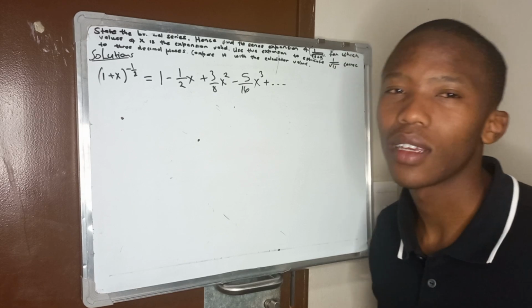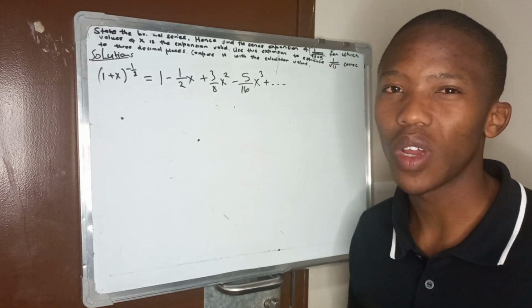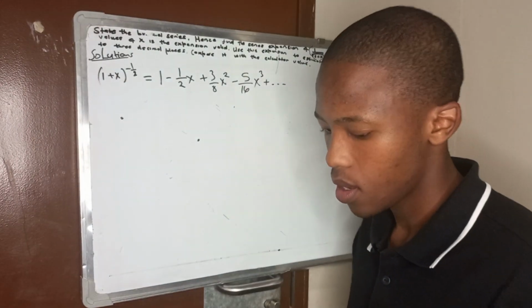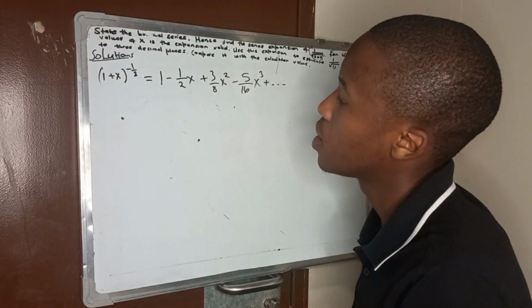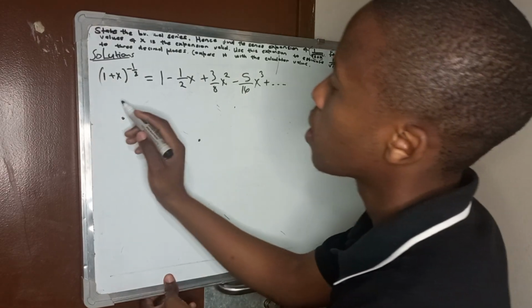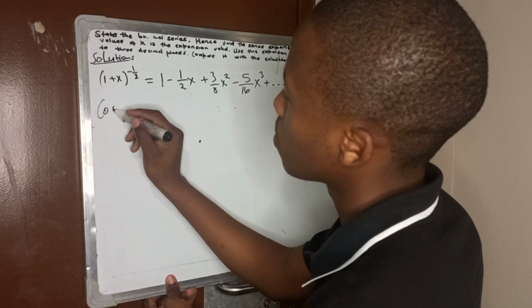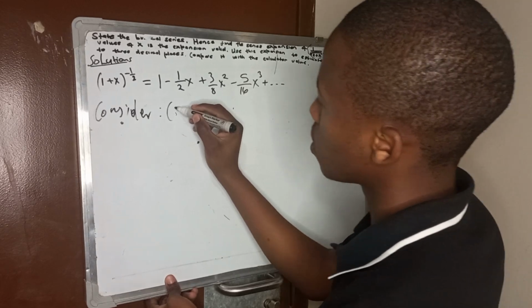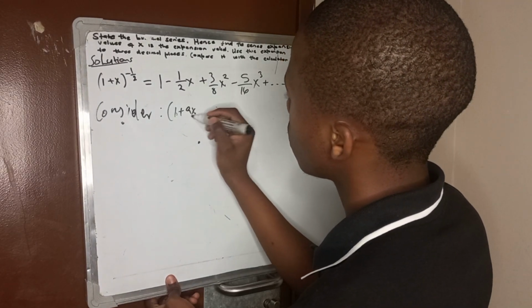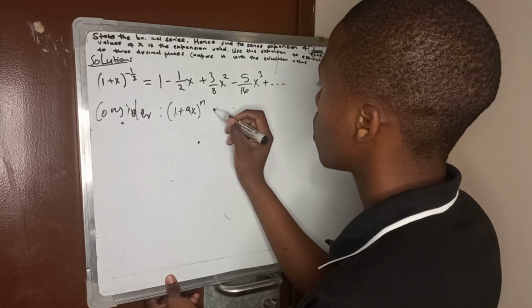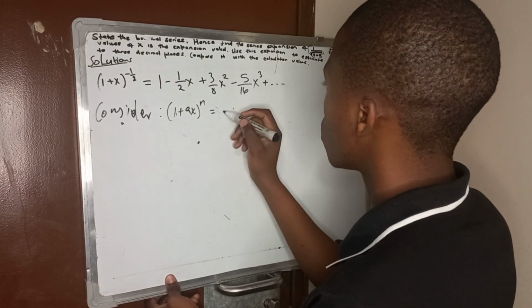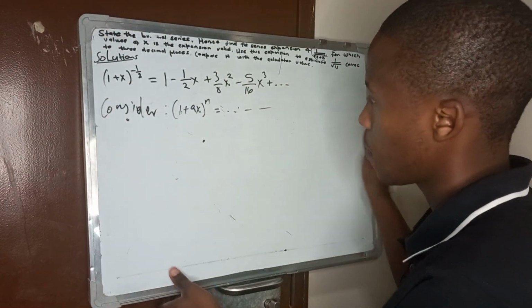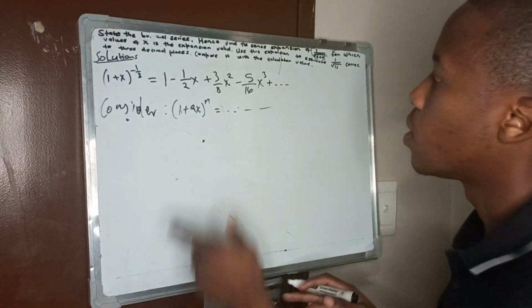this question is so easy, and it's usually 1 or 2 marks. Why? Now, before I do this question, let's consider the expansion 1 plus ax to the power n equal to whatever, right?